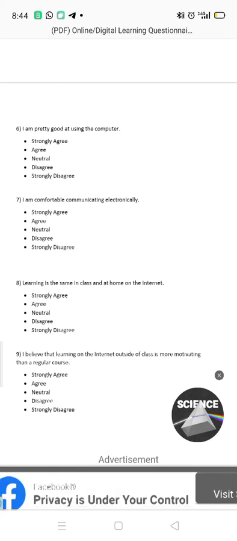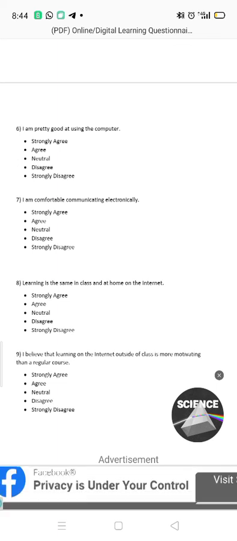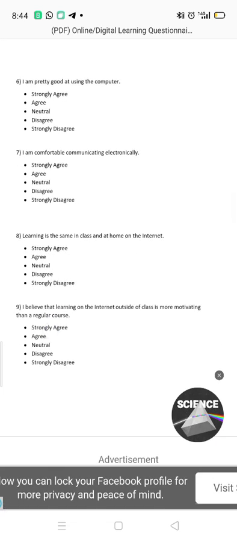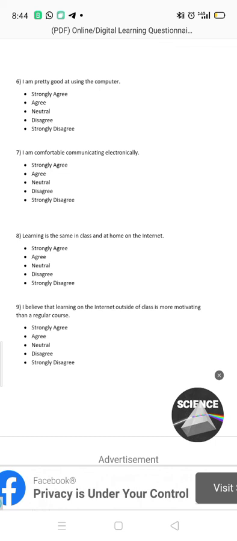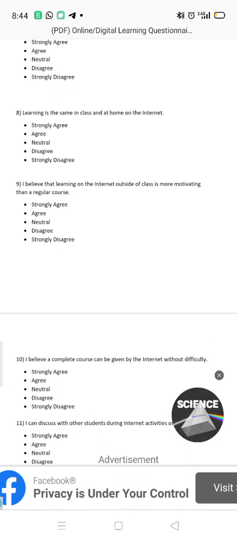Again, a scale of answers is given. Question number 8, a statement is given and you have to answer in the correct scale. Question number 9 is again a scaled question.